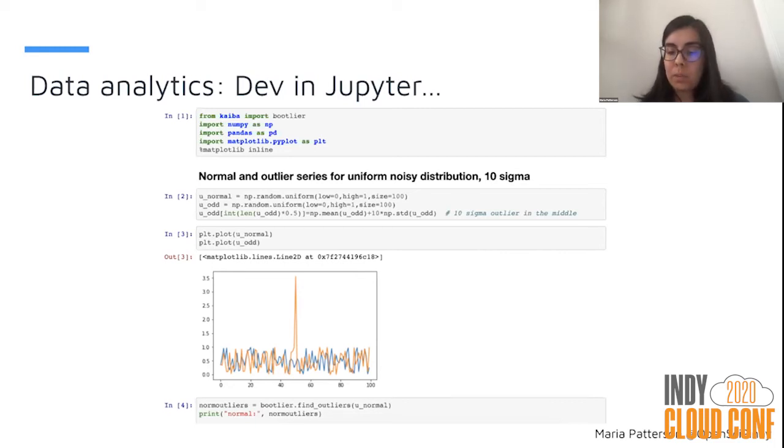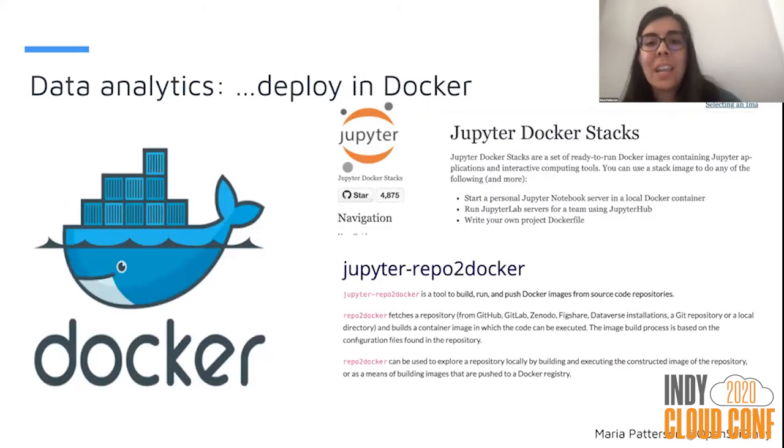And what's fun about Jupyter Notebook is that it also runs in Docker. And Jupyter, in fact, keeps their own Docker stacks, their own Docker images. And so you can go to Jupyter's GitHub and get these images. And then you can herd your data scientists into, hey, why don't you use this Jupyter Notebook Docker file?